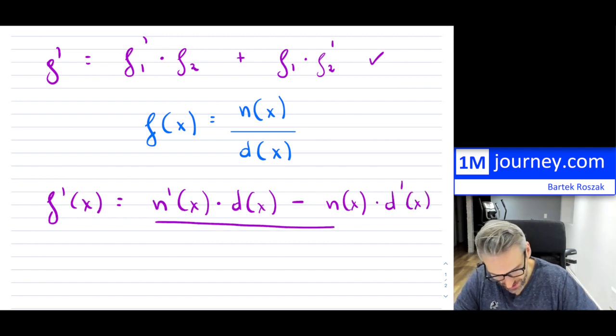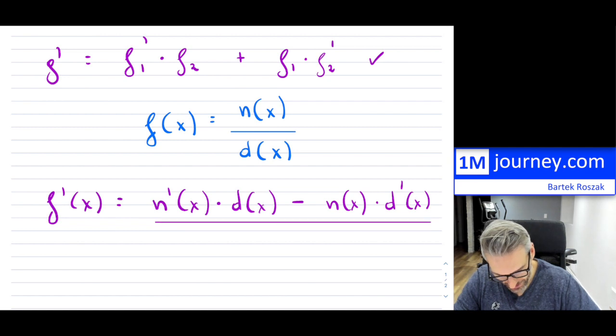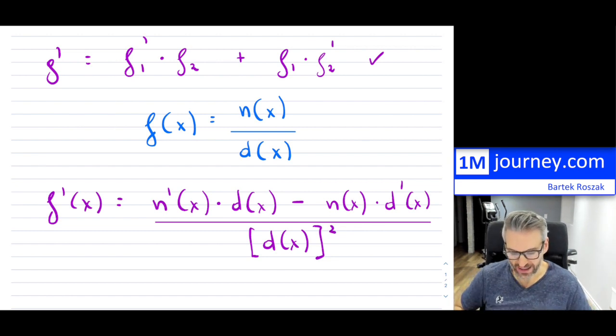And all of this is going to be divided by the denominator squared. Maybe I should write it in full, dx, so this entire thing squared. That is the quotient rule.